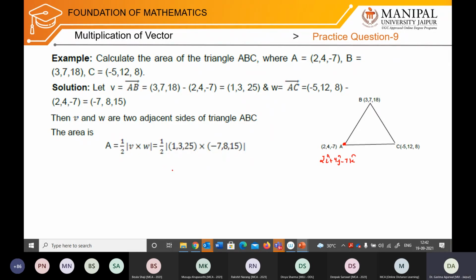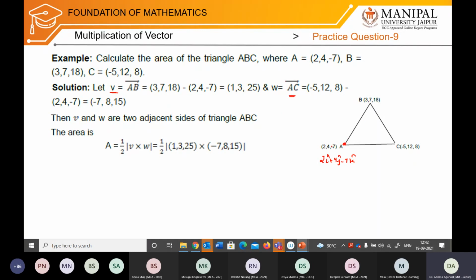So you can take any two adjacent sides. Here I took the first side AB and the second is AC.